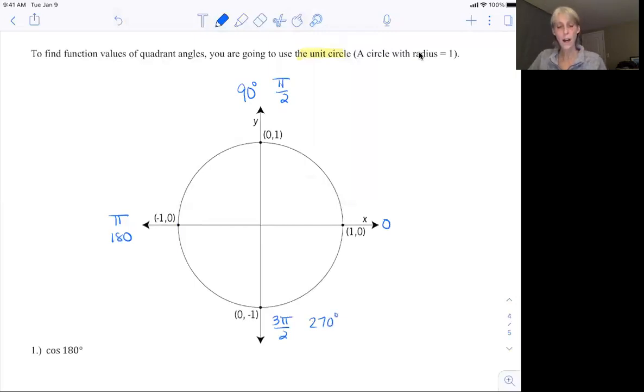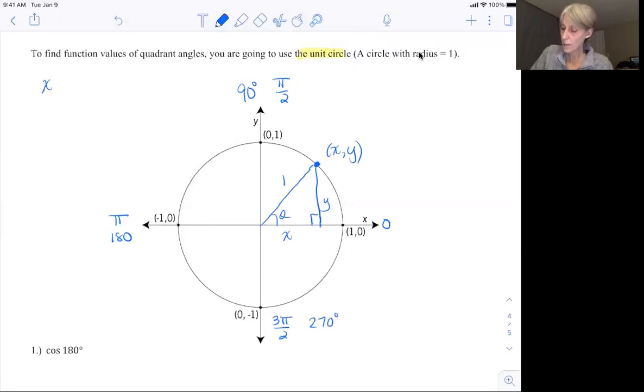And the whole premise of being able to use these values is the fact that if we go anywhere in between and we have a point x, y, we know that if we drop a perpendicular line, this is x and this is y and this is 1.